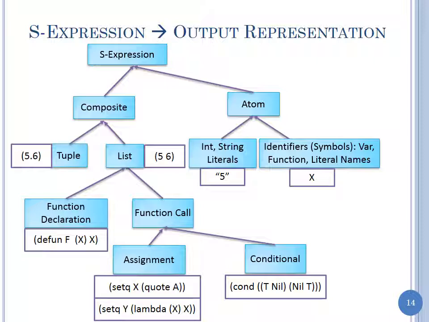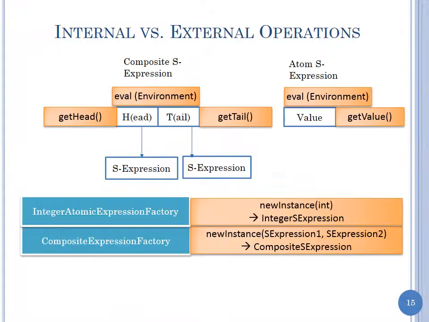Here, what I did was I showed you things that you hadn't seen implemented yourself, like define and setQ, which we'll do in assignment 2. So this gives you an idea of how you actually represent.